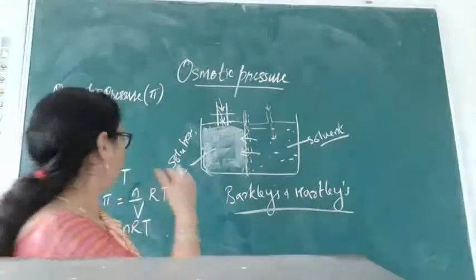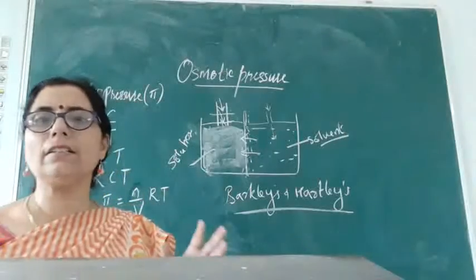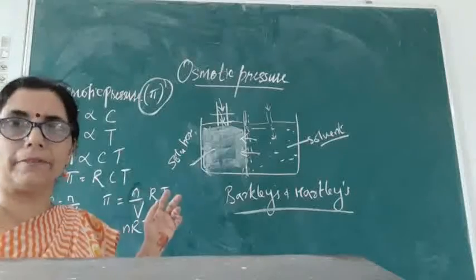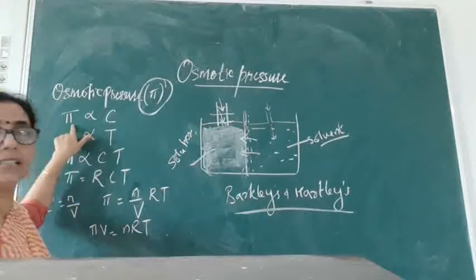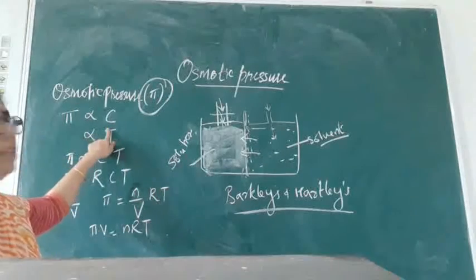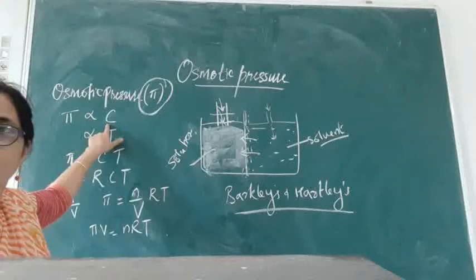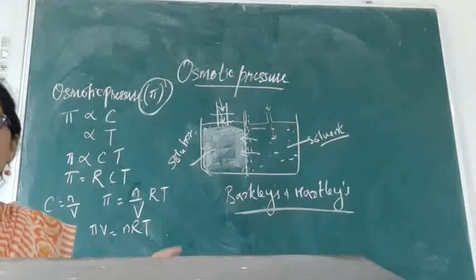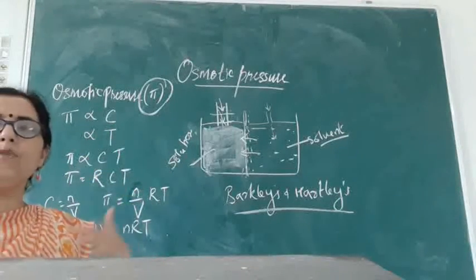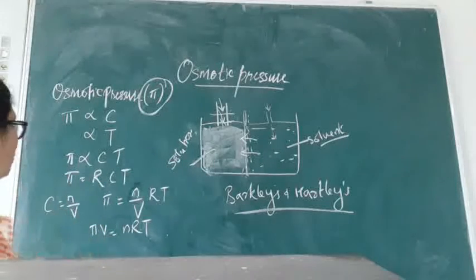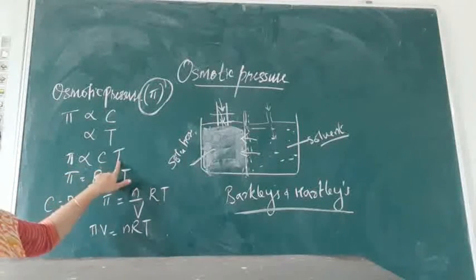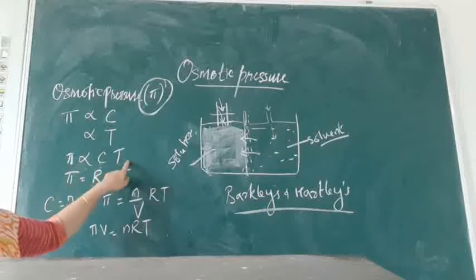When we calculate the osmotic pressure, it is represented by pi, and pi is directly proportional to the concentration of the solution at a given temperature. Temperature is also maintained at that particular value. The movement of solvent molecules to the solution takes place. So pi is directly proportional to CT, where C is the concentration and T is the temperature.